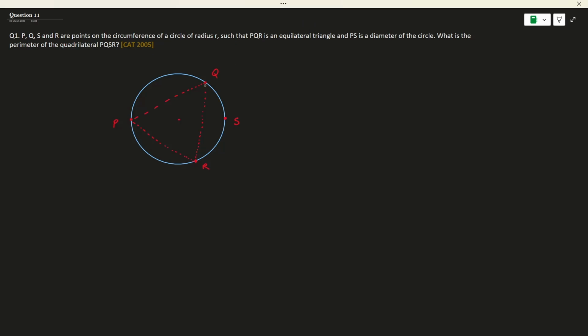I will join QS and SR. This is the center O, let's say.